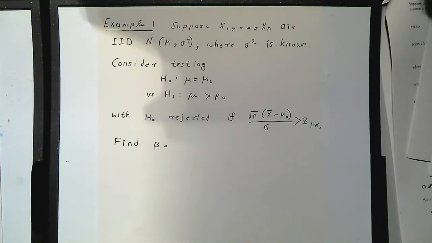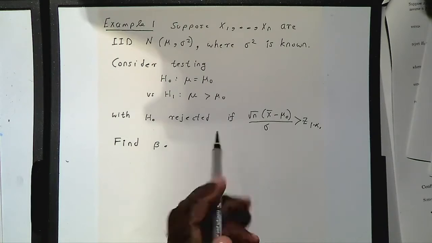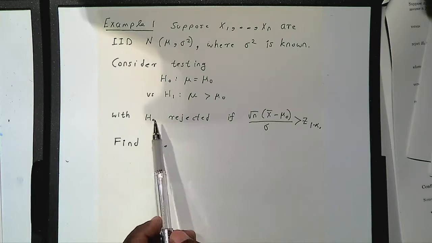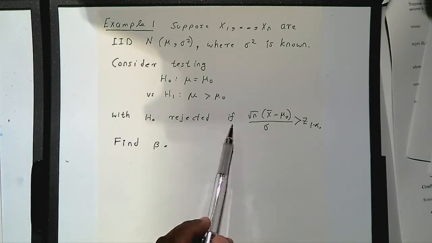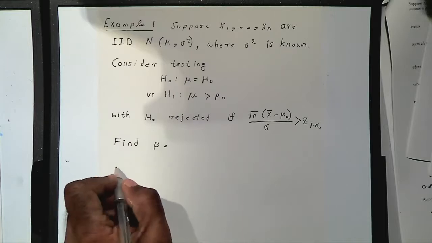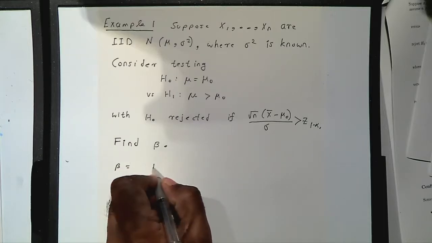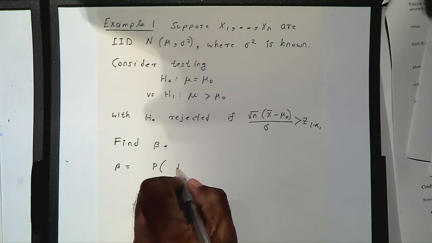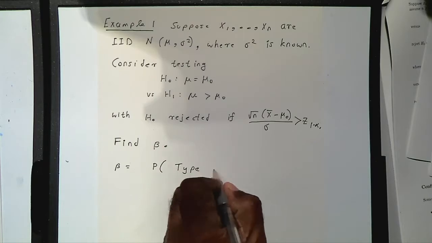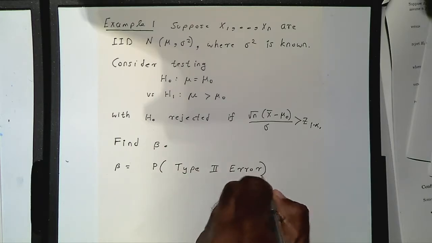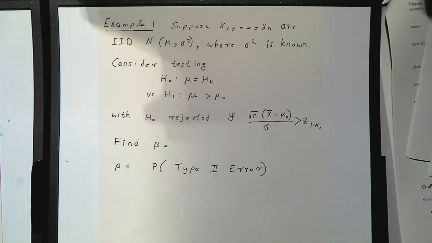So you have a random sample from a normal distribution, and we are testing this versus this, with H0 rejected if this is the case. And we want to find beta. Remember, what is beta? Beta is the thing I just mentioned to you. It's the probability of type 2 error, right?